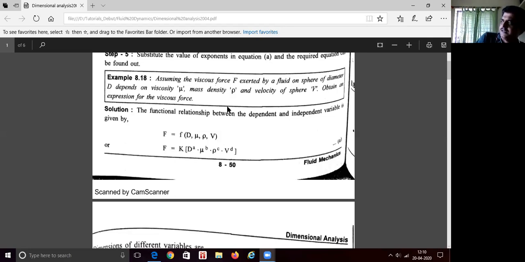Now, in this case, without any derivation, we should find how this force F is related to d, mu, rho, and v. First, we have to write F is equal to k, some constant, and in brackets we have to express that in terms of d raised to a, mu raised to b. Like this, we have to form an equation. Then we will come to know how F is related to all these variables.